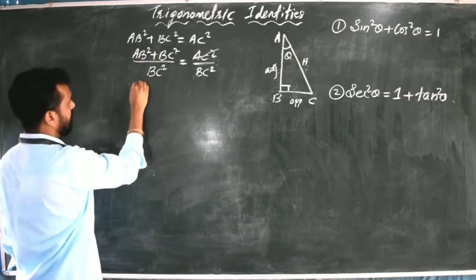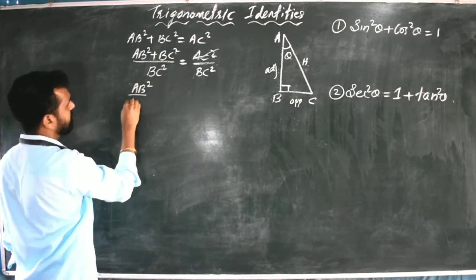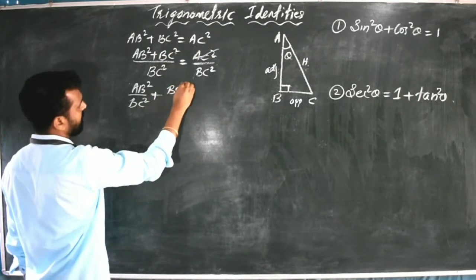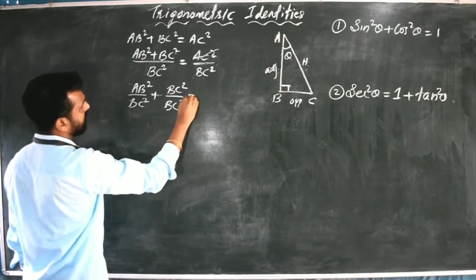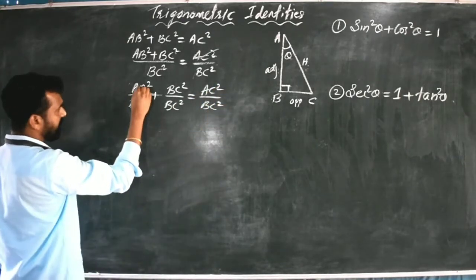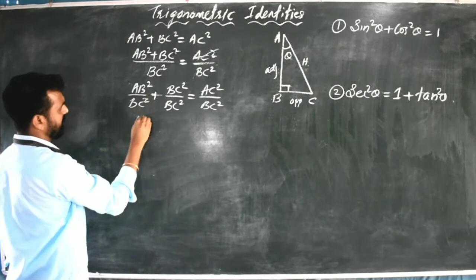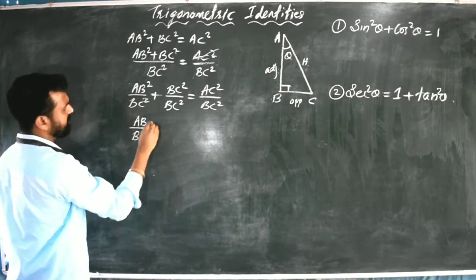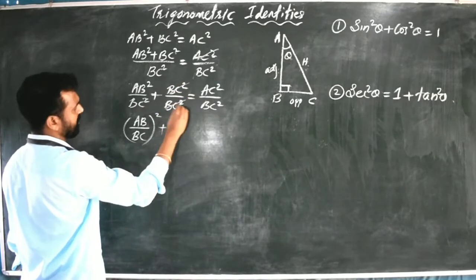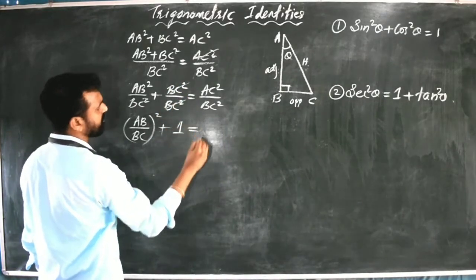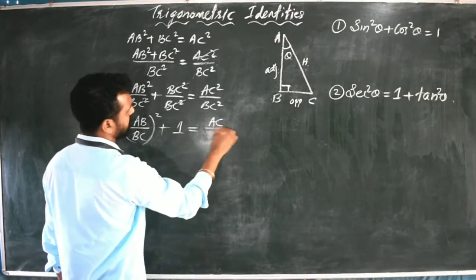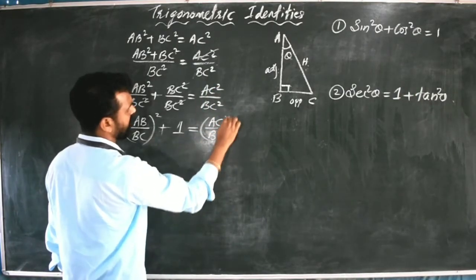Now split it. AB square divided by BC square plus BC square divided by BC square is equal to AC square divided by BC square. That we can write as AB divided by BC the whole square plus BC square divided by BC square, which is equal to 1, is equal to AC divided by BC the whole square.